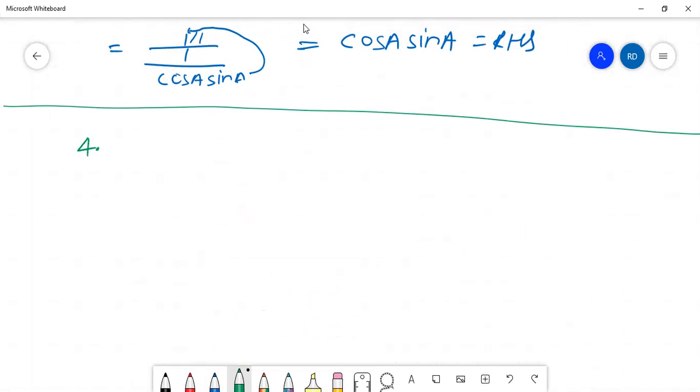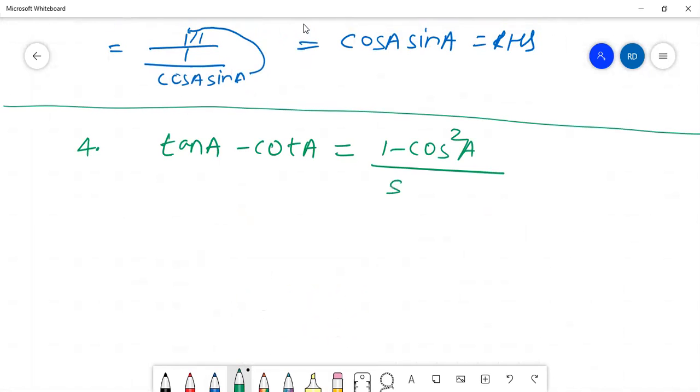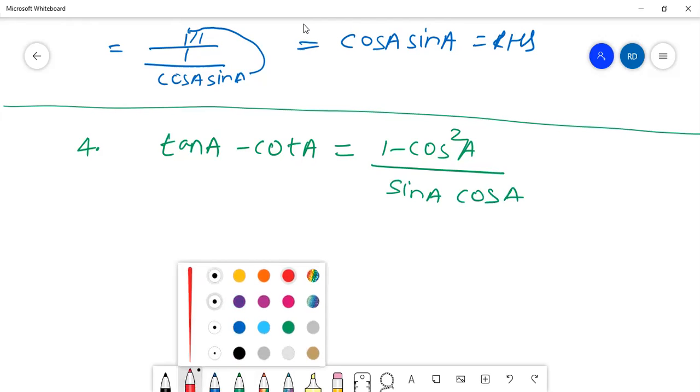The fourth problem is tan A minus cot A is equal to 1 minus 2 cos square A upon sin A cos A. I'll give you some hints on how to solve these problems.